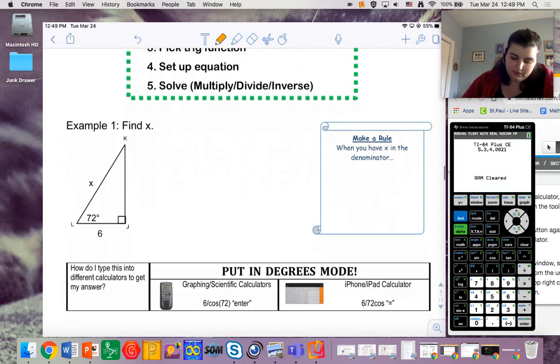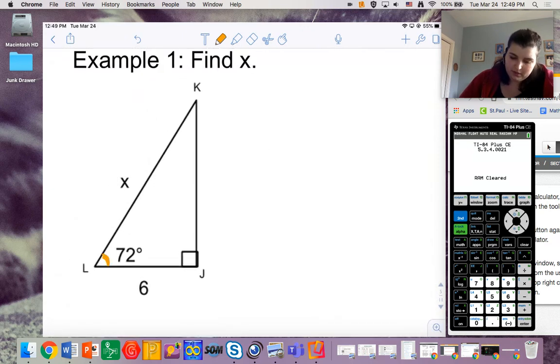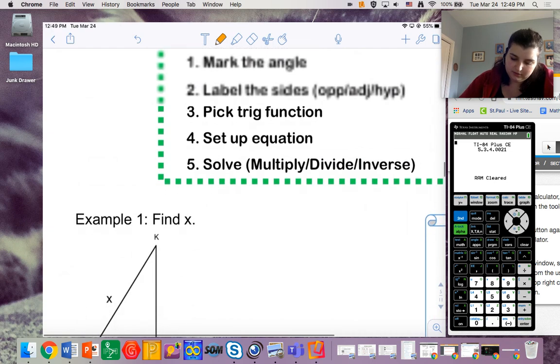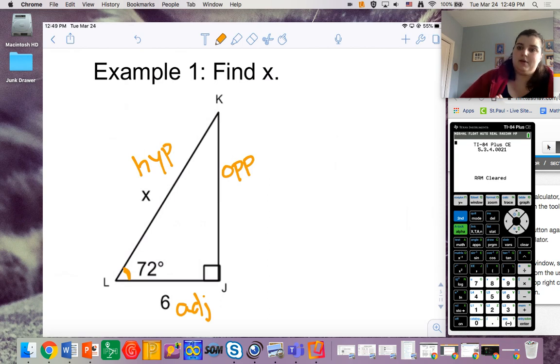So I'm going to look at this one. So marking my angle, and then labeling the sides. So this is the opposite, adjacent, and hypotenuse. Remember, adjacent is next to, but not the hypotenuse. Okay, so we have the hypotenuse and adjacent involved.